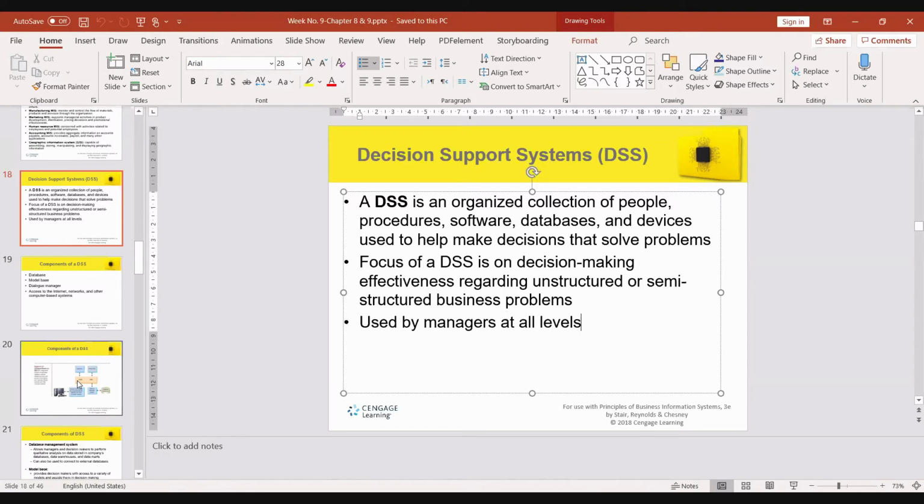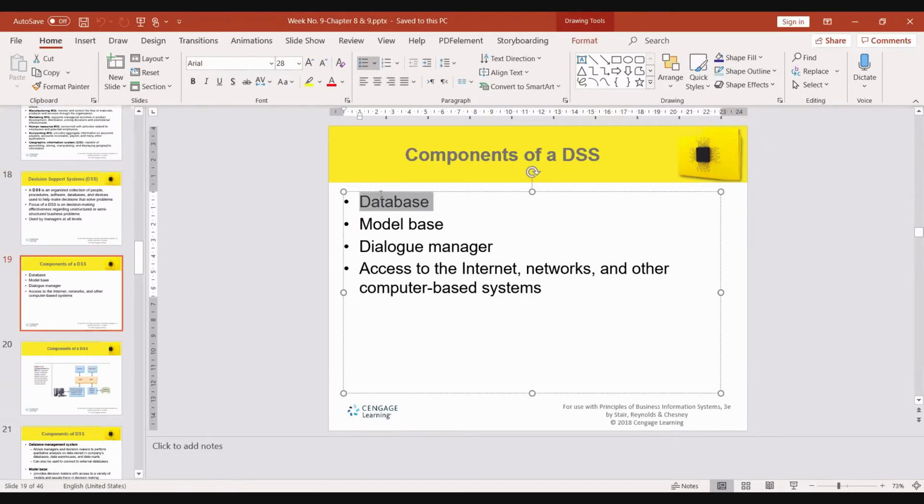So what are the components in this? Well, obviously the database is there. Model base means there are some models already there in the system. You will simply give your problem and the system will follow some model and it will solve your problem. Dialogue manager: you can interact with it. It's a dialogue.